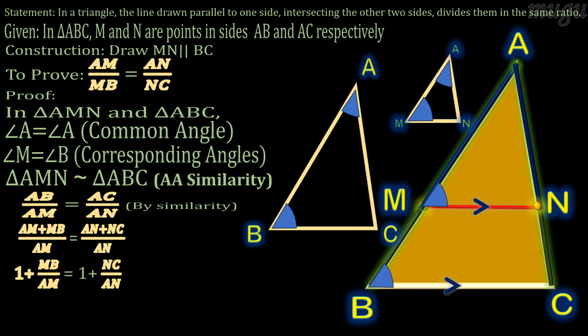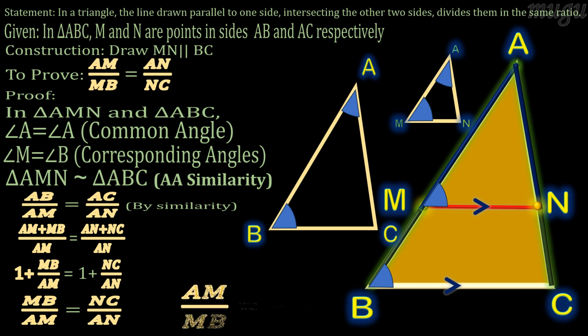Since the numerator and denominator are the same, it becomes 1 on both sides. So 1 plus MB by AM equals 1 plus NC by AN. Now the 1 gets cancelled on both sides, so MB by AM is equal to NC by AN. That is the proof we are looking for, but in the inverse form. So let us reciprocate both sides. It becomes AM by MB equals AN by NC, and that proves the theorem.